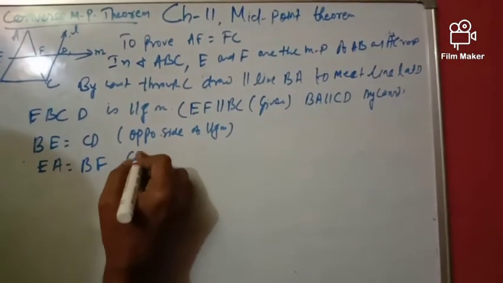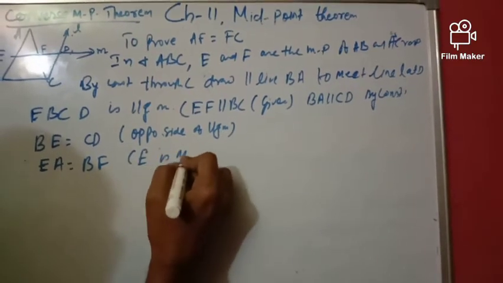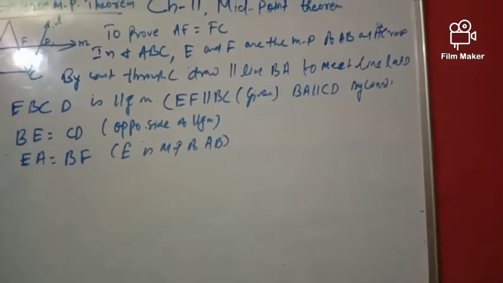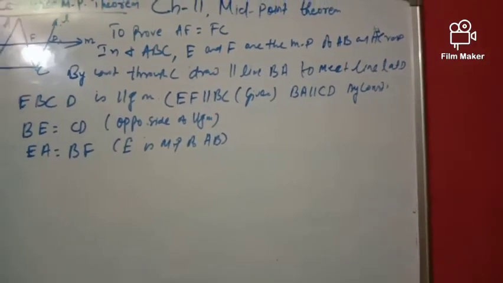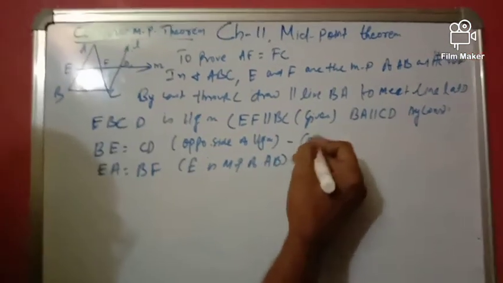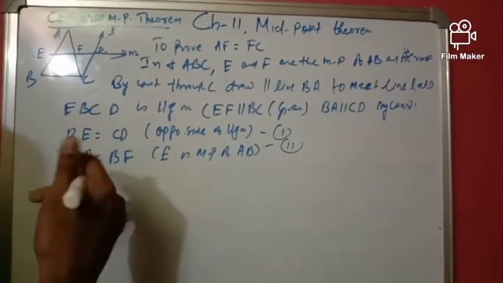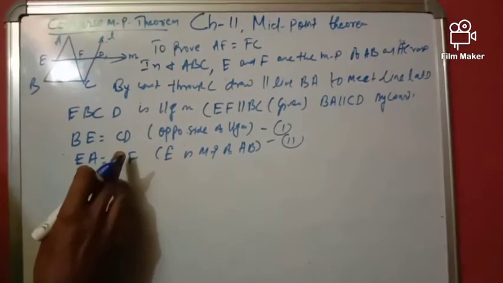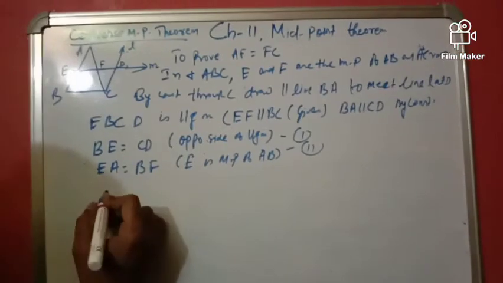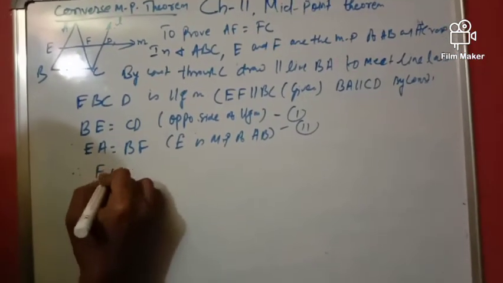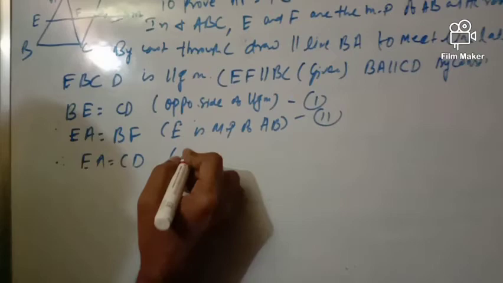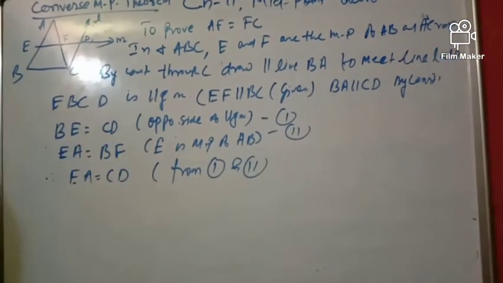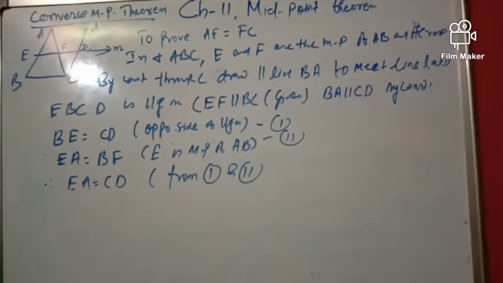Because E is the midpoint of AB. Let this be equation 1 and this be equation 2, or step 1 and step 2. Therefore, EA equal to CD from 1 and 2.